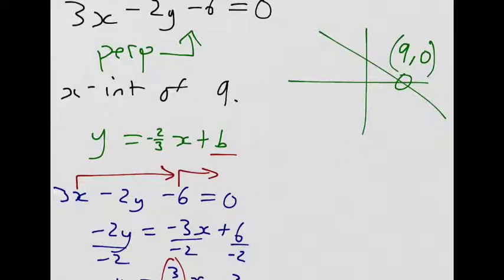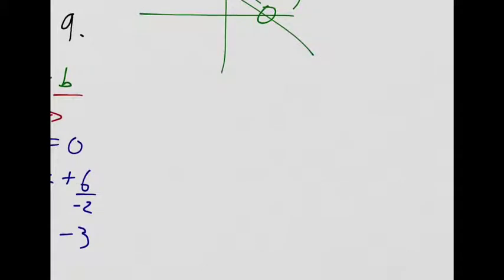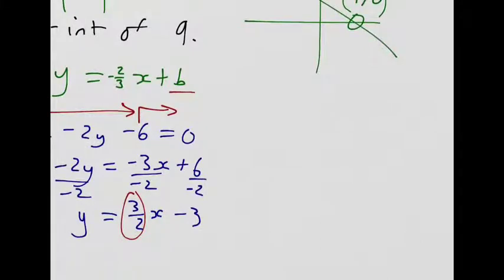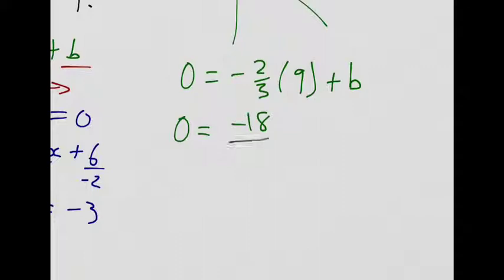Got that? So that's what we're going to use. So we put in 9 for y, 0 for x. No, sorry, I got that backwards. 9 for x, 0 for y. So 0 equals negative 2 over 3 times 9 plus b. So this would be negative 18 over 3, that would be negative 6.